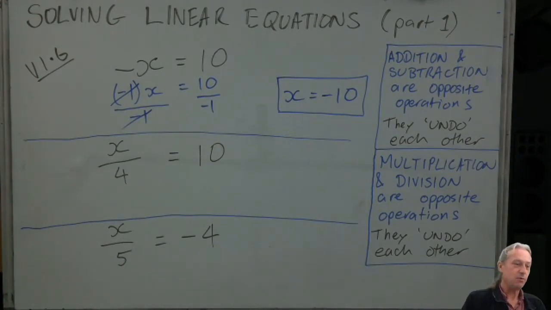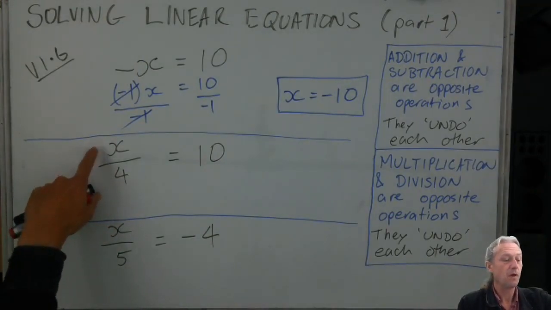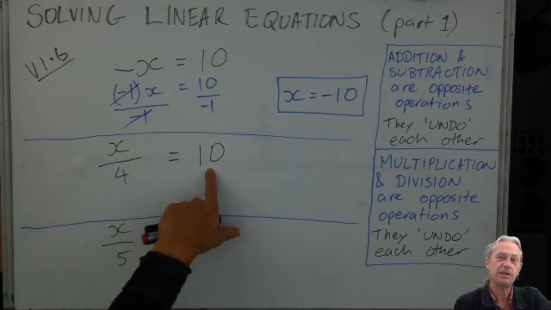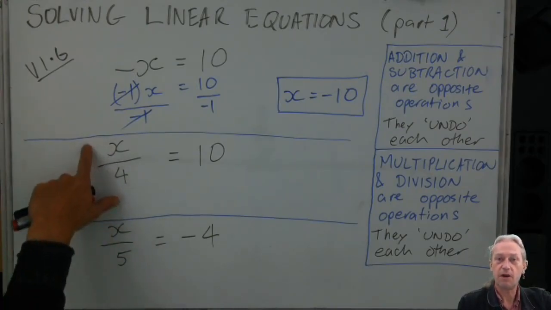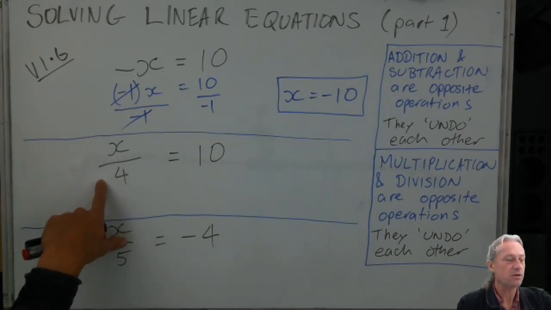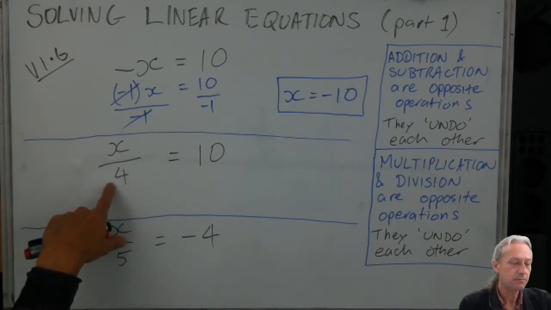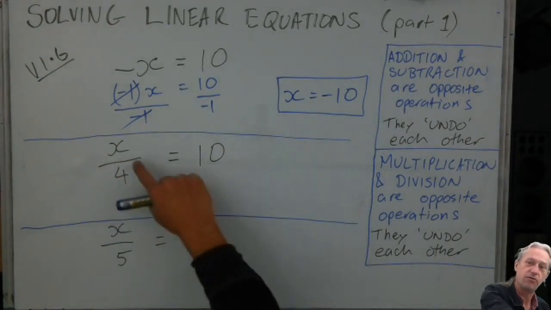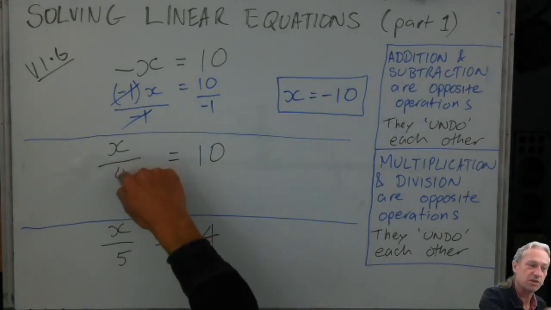Okay, this next example, we've got something we don't know. When we divide by 4, we end up at 10. So because we're dividing by something, in order to get rid of this 4, we need to multiply by 4. So we're essentially undoing what's going on over here.